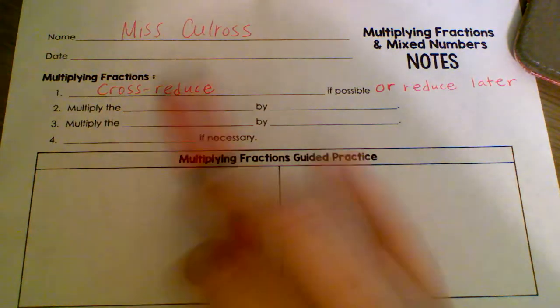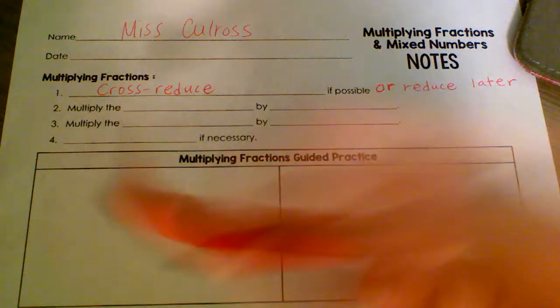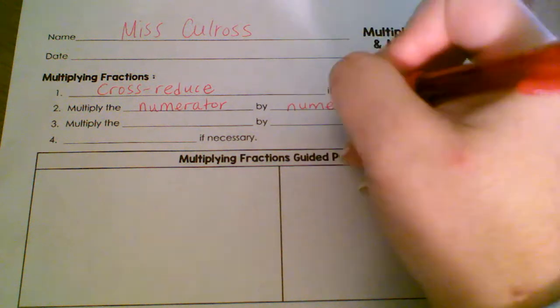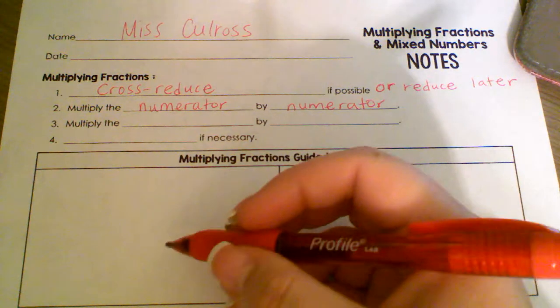Then, once we decide if we're going to cross reduce or just reduce later, you're going to multiply the numerator by the other numerator. So you're just going to multiply the numerators across, and then you're going to multiply the denominators.